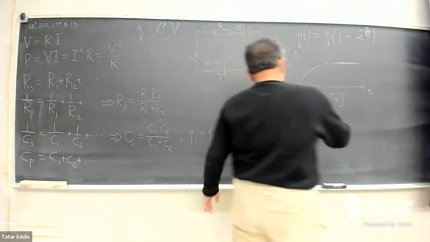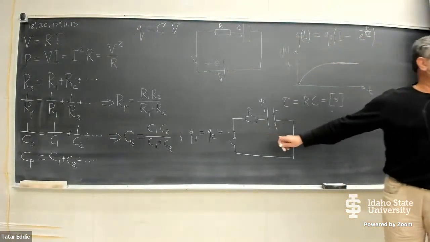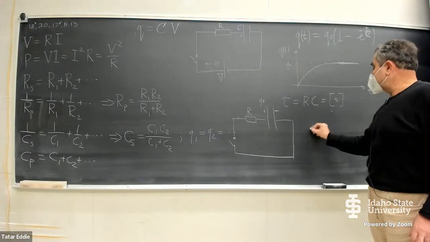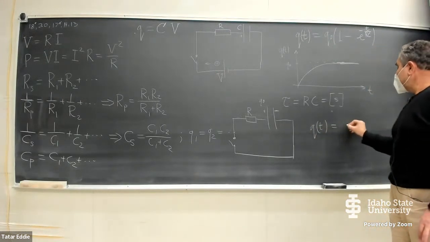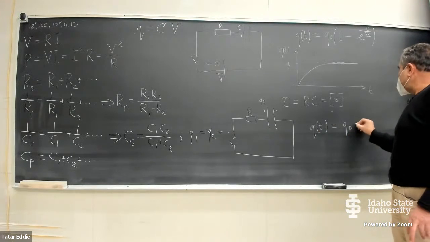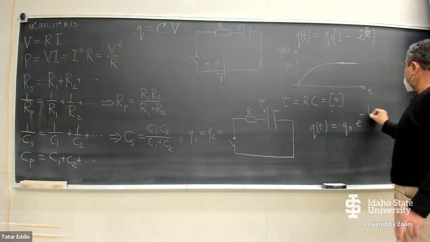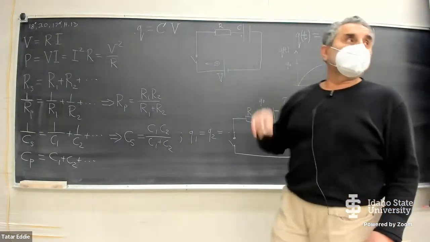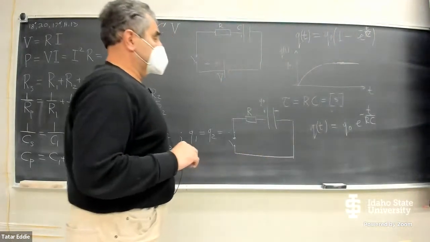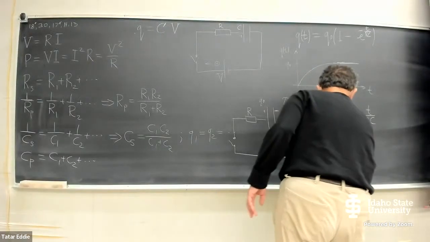Well, the equation that describes the amount of charge on the plate of the capacitor as a function of time is going to be an exponentially falling function, exactly with the same time constant as in the previous case. And graphically, that function looks like this.